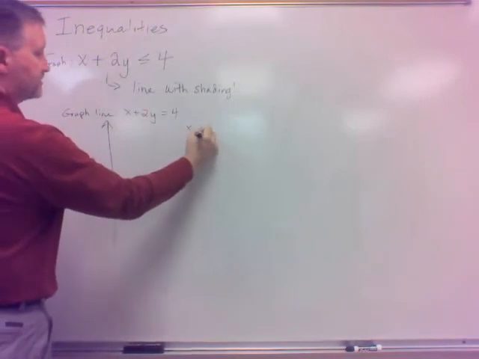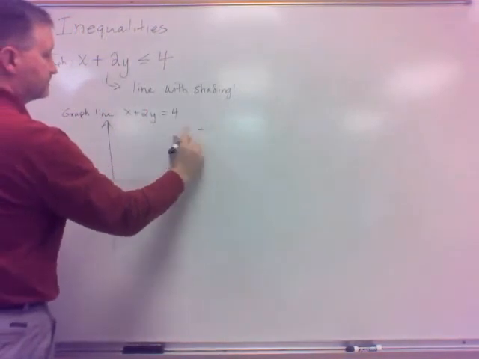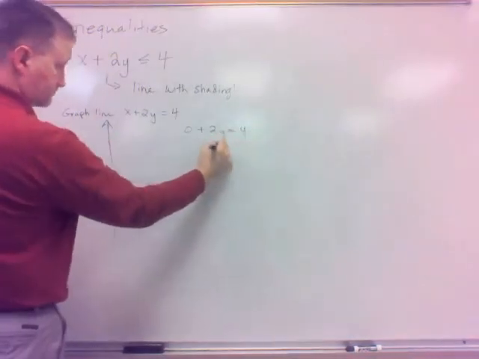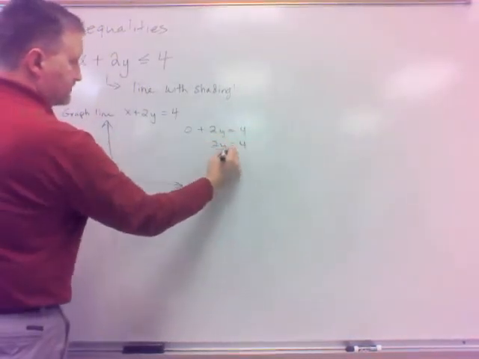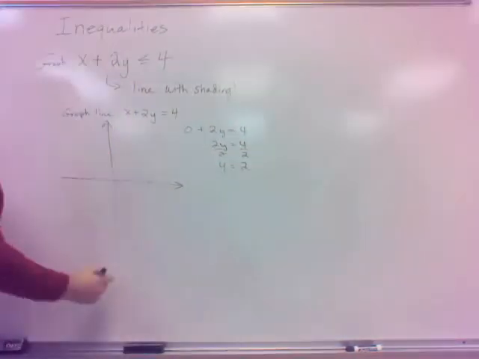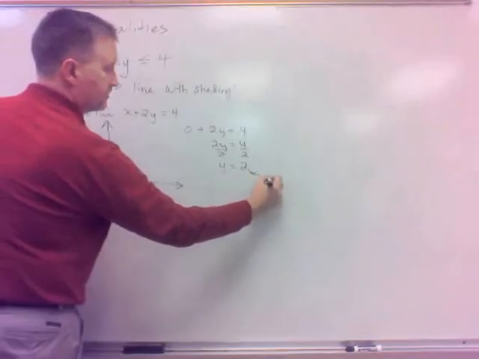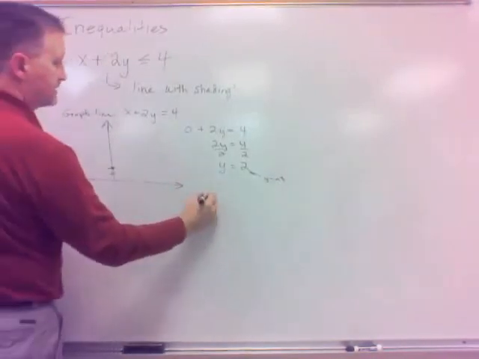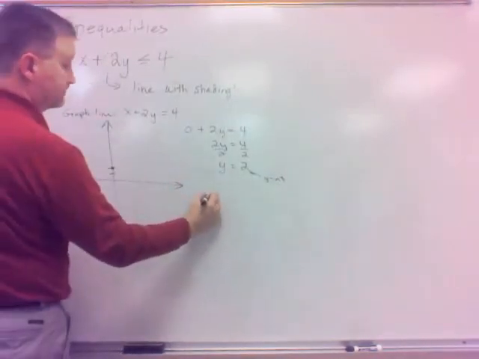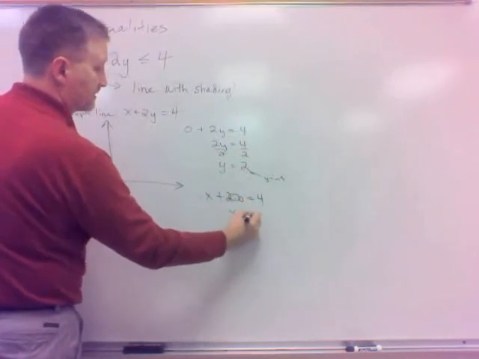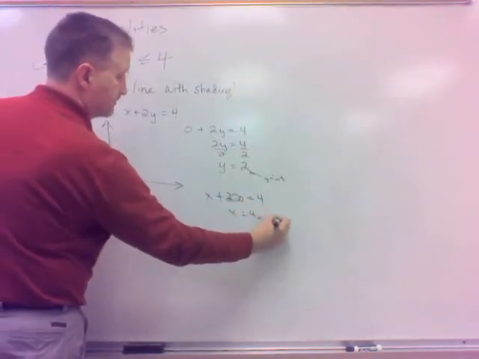Your y-intercept: set x to be 0, so I'd have 2y equals 4, so the y-intercept is 2. And then my x-intercept: set y to be 0, so that would be x equals 4. So that's my x-intercept.